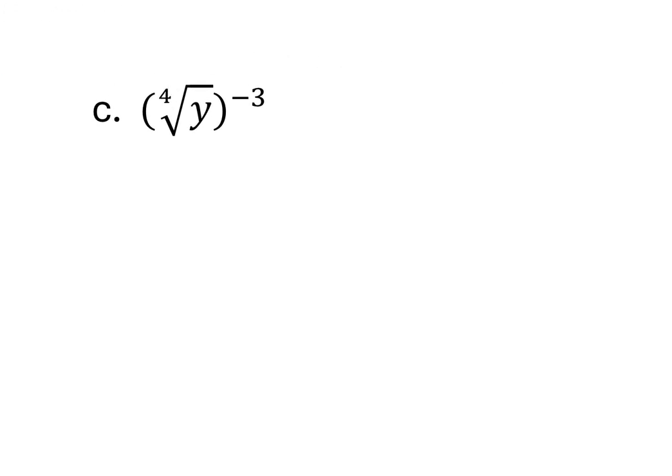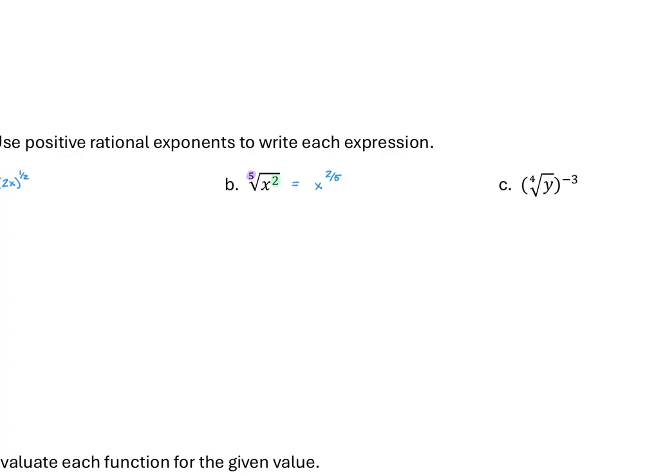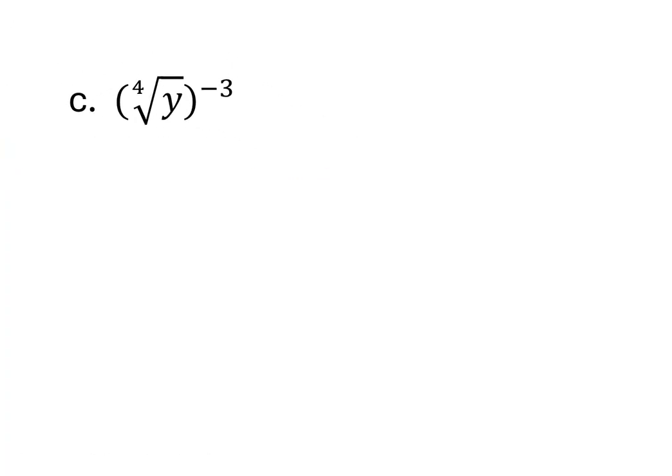We have the fourth root of y all raised to the -3. And I think that it said positive rational exponents. Okay, so let's see what we can do here. The first thing we're going to do is convert it to an exponent. The outside exponent is going to stay our numerator, and the inside, or the root, is going to become the denominator.